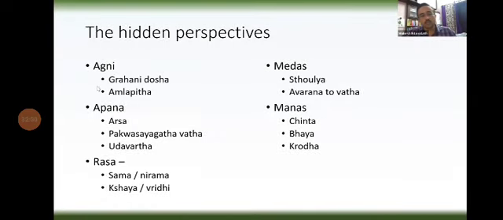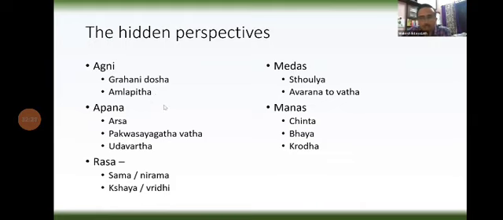And in the current era, I always look at the current hidden perspectives. For example, Grahani dosha: if you ask patients with back pain, chronic neck pain, etc., 60% of them will have some sort of Grahani dosha. That means burning epigastrium, recurrent altered bowel habits, for example alternating constipation and diarrhea, loose stools, etc. The Amlapitta features, because our diet predominantly contains things which initiate Grahani and Amlapitta.